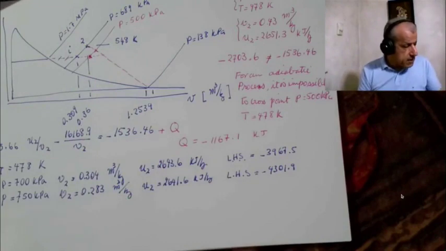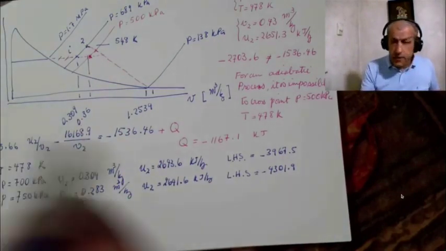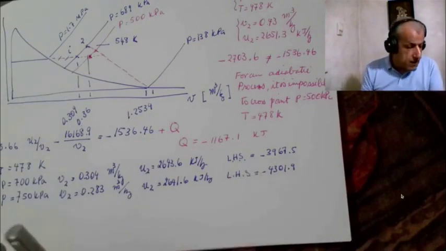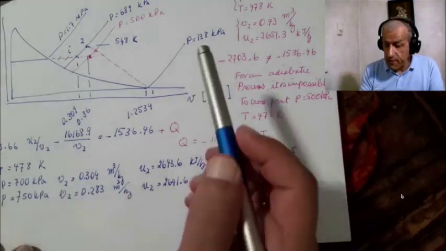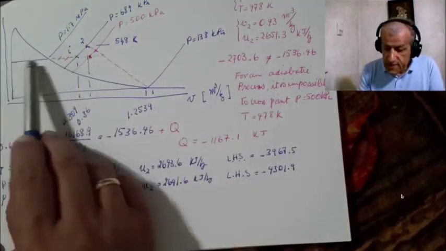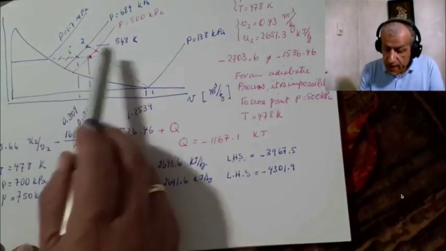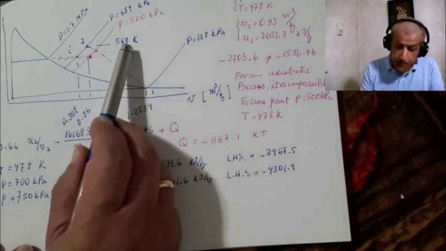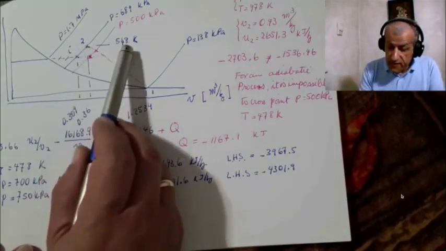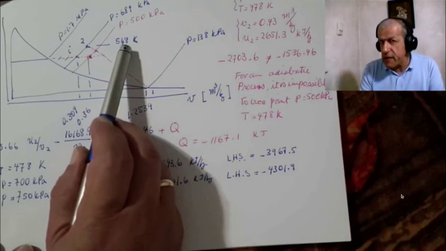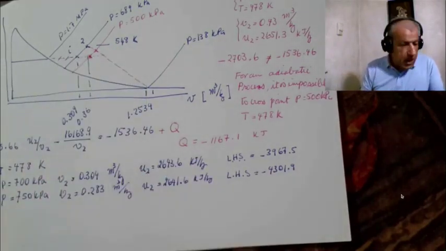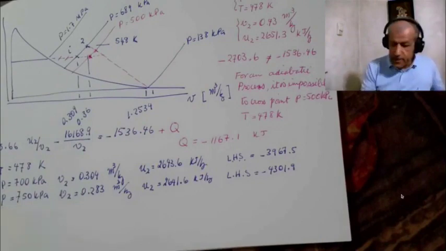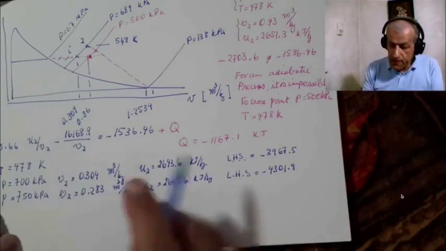What I did was to try this. You see, my temperature is 478, and this is 548. I expect to be somewhere in between. So I tried, and I wrote it down with a different color.